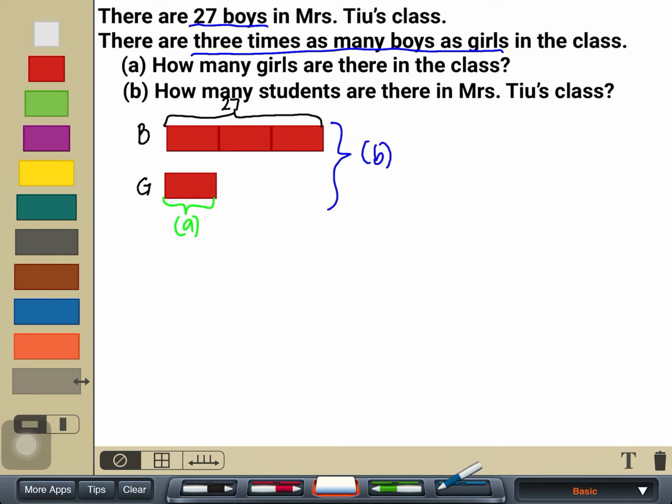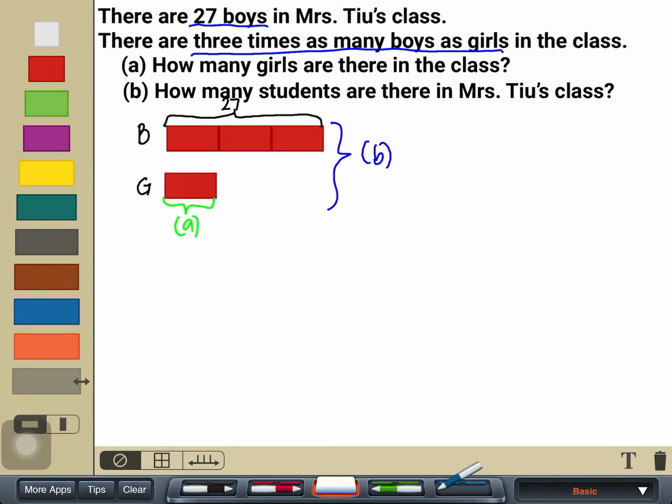To look for the number of girls, we have to know the relationship of the number of boys to the number of girls. Since we can see here that there's only 1 unit of girls and there are 3 units of boys. And we know that that 3 units for boys is equal to 27.